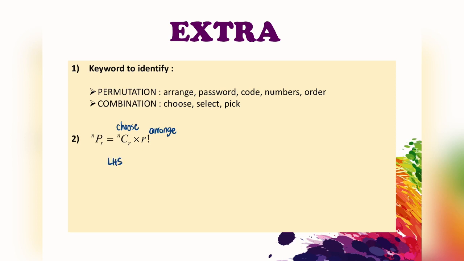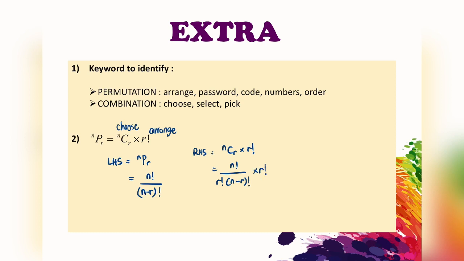For the left hand side, which is NPR, we know that the formula is n factorial divided by n minus r factorial. And for the right hand side, which is NCR multiplied by r factorial, we know that NCR will be n factorial over r factorial multiplied by n minus r factorial.